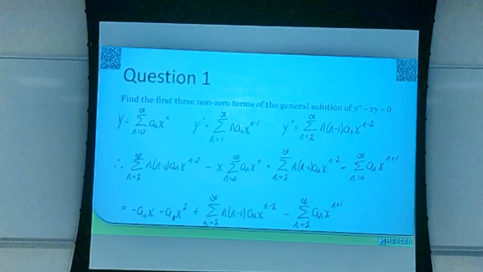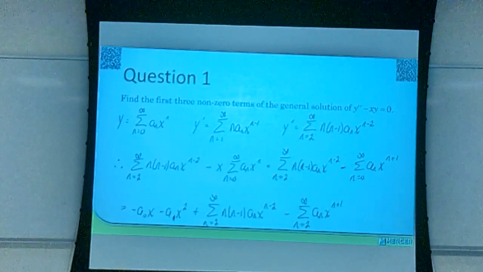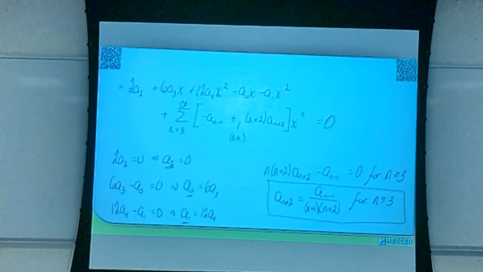So that doesn't count. We need A3, which is A naught over 6 x cubed. There's the first 3 non-zero terms of your solution. So thankfully, we didn't even need that recurrence relation. We didn't have to go up that far.